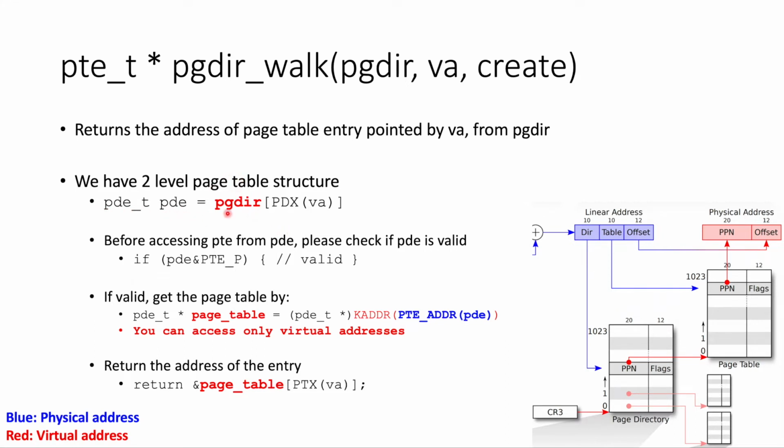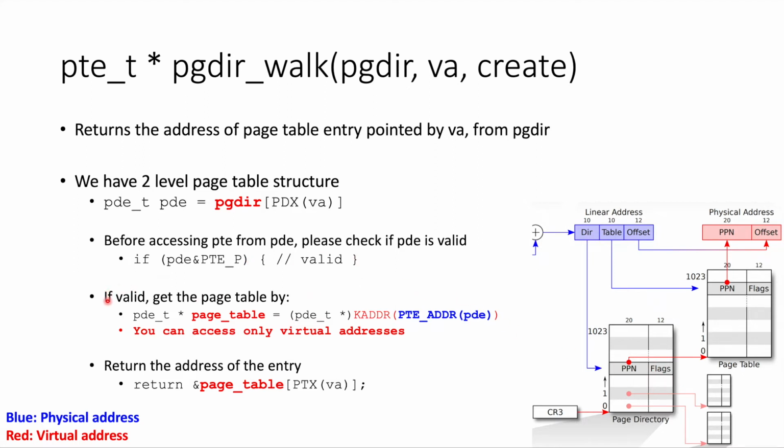After getting the page directory entry, we need to check if that entry is valid or not. For the validity check, you can apply the AND operation to the value of the PDE with PTE_P. If this value is non-zero, then the flag is up with PTE_P, so the page directory entry is valid.